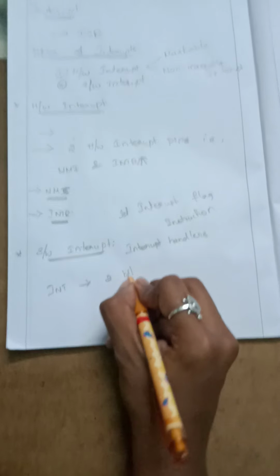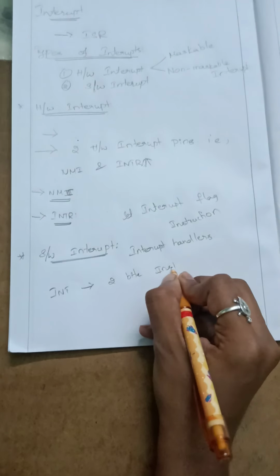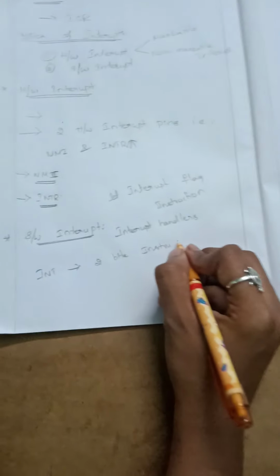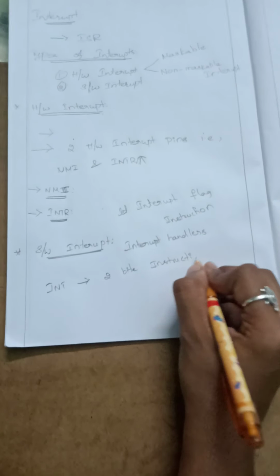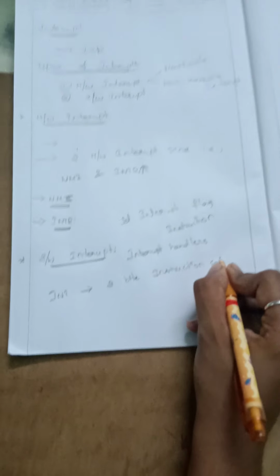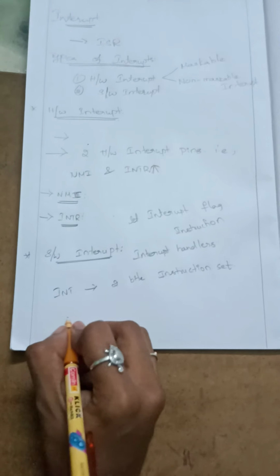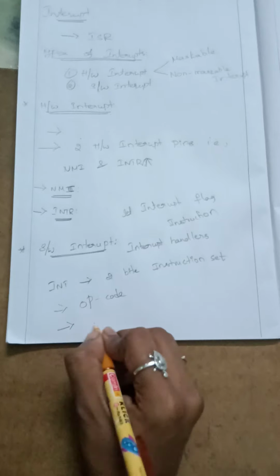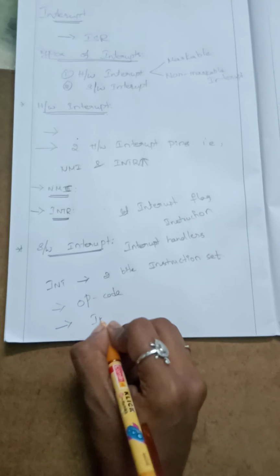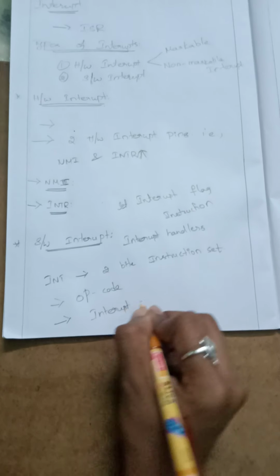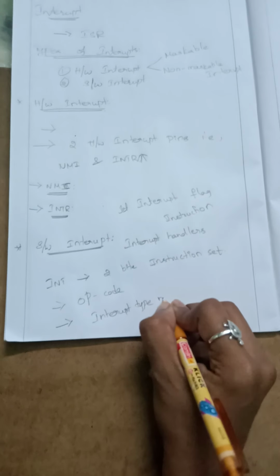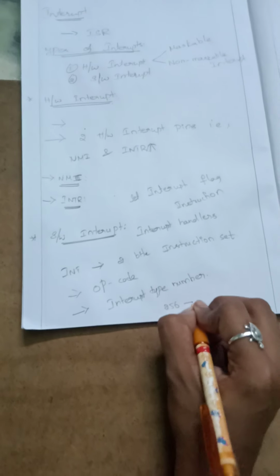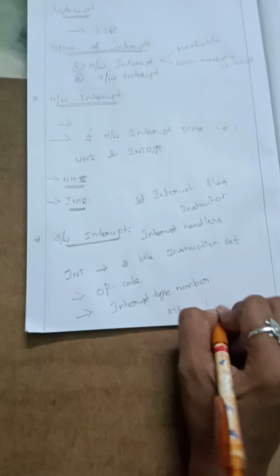The first byte provides the opcode and the second byte provides the interrupt type number. There are 256 interrupt types under this group. Its execution includes the following steps.